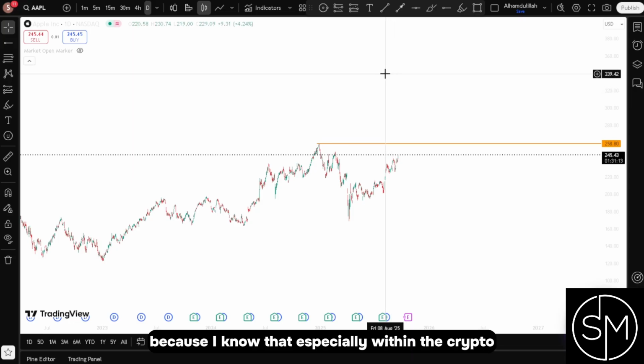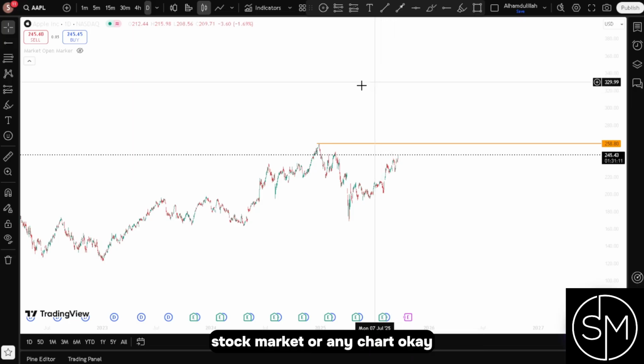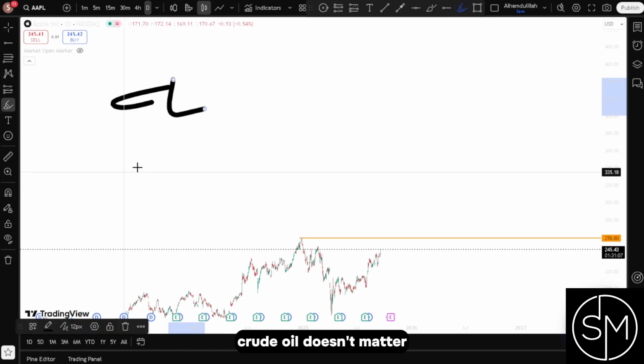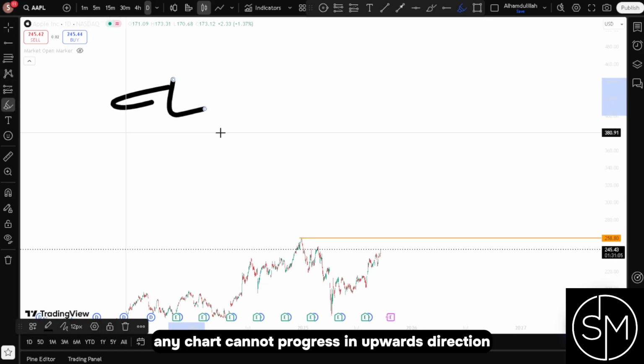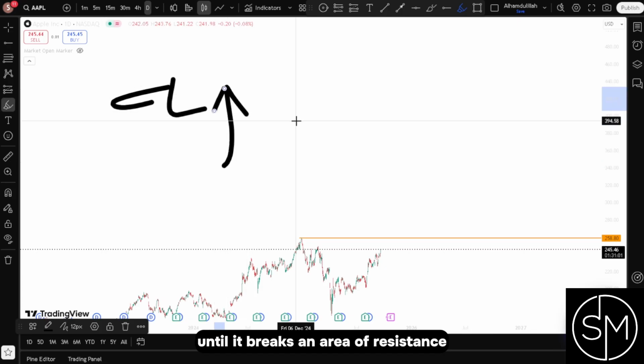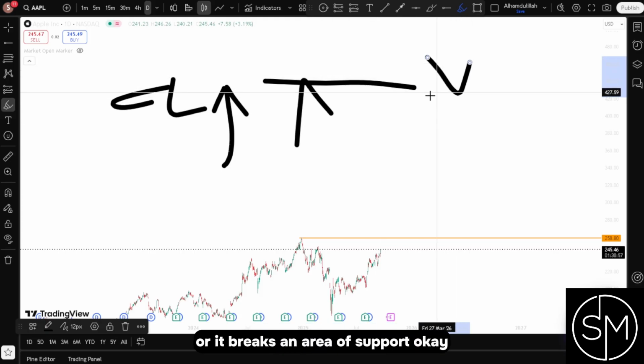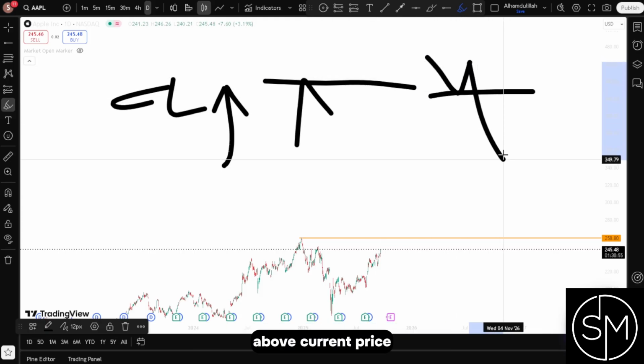Because I know that within crypto, the stock market, or any chart, I could be trading natural gas, crude oil, doesn't matter, any chart cannot progress in an upwards direction until it breaks an area of resistance or an area of support above current price.